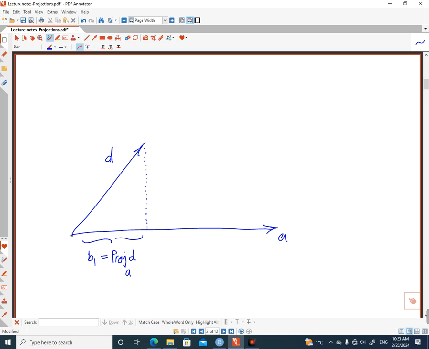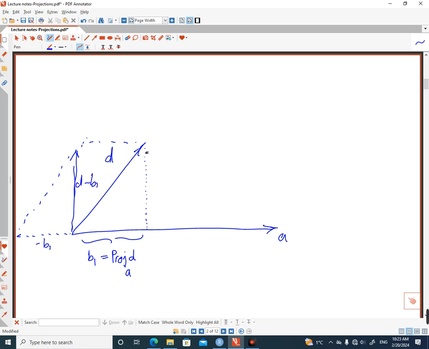For sure, if I display minus B1, let's assume that this is minus B1, and then compute the sum this way, then this vector is actually D minus B1.